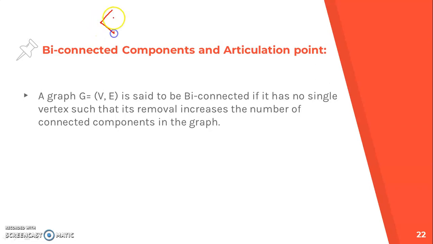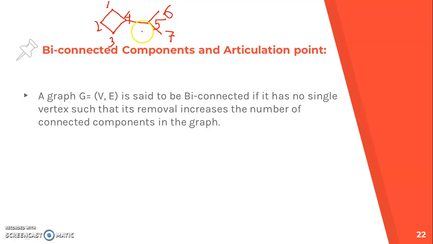Suppose this one is there and there is another. This is vertex 1, this is 2, this is 3, 4, 5, it may be 6 and it may be 7, right?